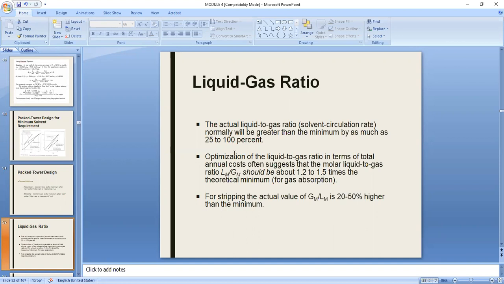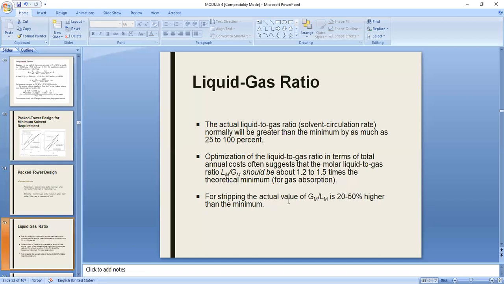So this is what I'm saying. If you have determined already the minimum solvent requirement and you are asked for the optimum solvent requirement, we are using, class, the maximum in the range here. So we multiply it by 1.5, because 20% more than the minimum is the lowest value in the range. But when we do solving, we actually multiply it by 1.5.